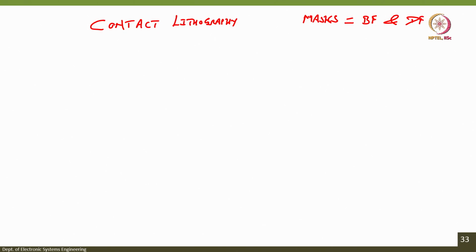This much we know, correct. Now, what is soft lithography? Let us look into soft lithography.